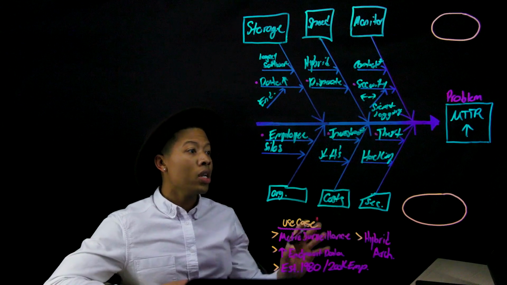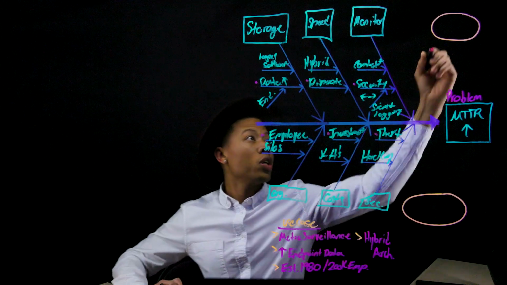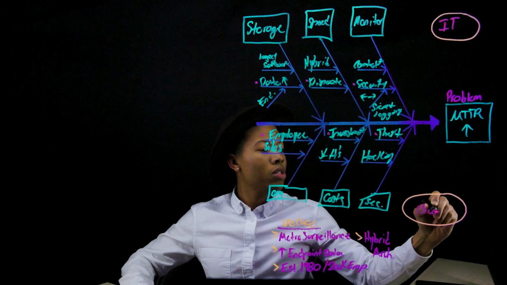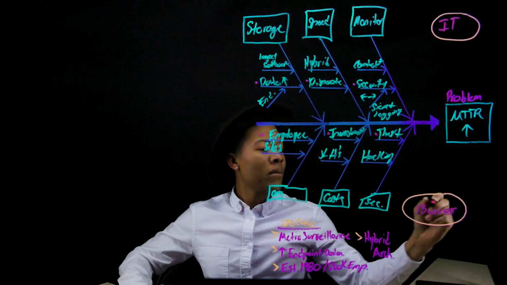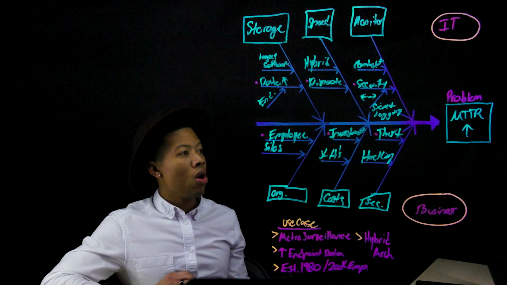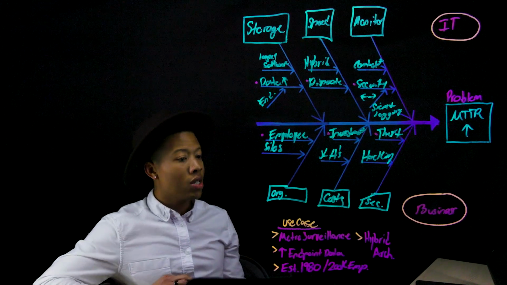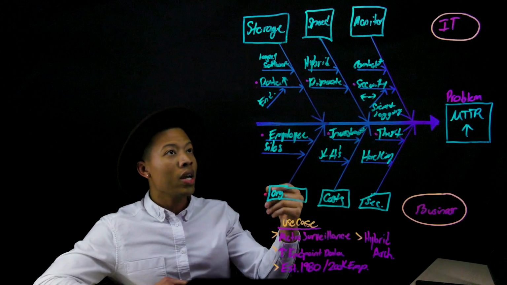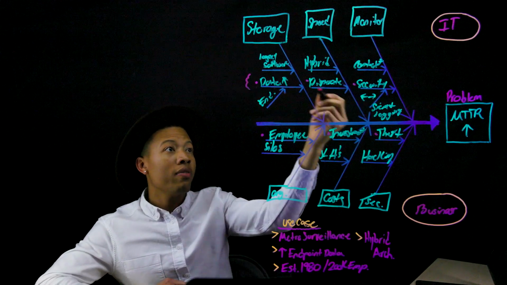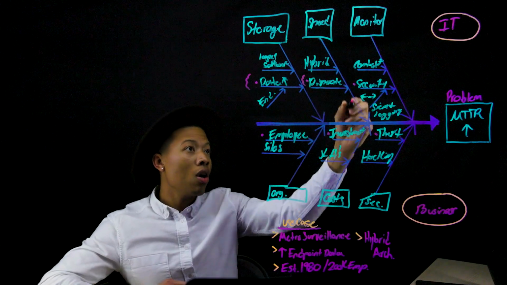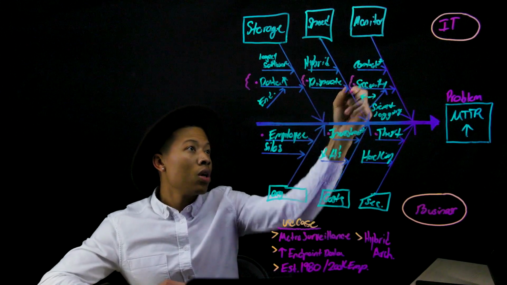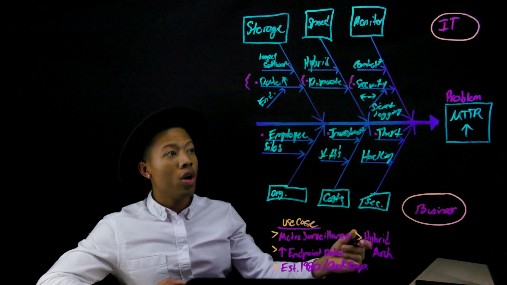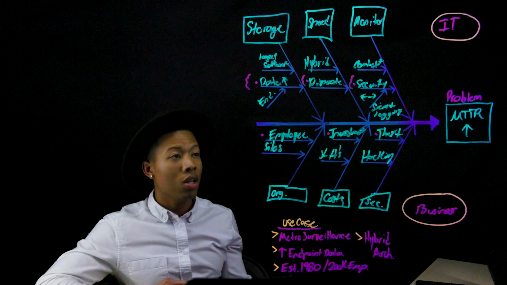So when we look at these areas in two different parts, we see that we have a trend in IT here, and we have a trend in business here, okay? So when we want to look at the root cause of what's increasing the mean time to resolve for Metro Surveillance, we now have better insight into what that could potentially be. We have a data increase that could be caused by disparate systems. And within those disparate systems, we have a gap within the security based on the separation between our SIEM and logging solutions.